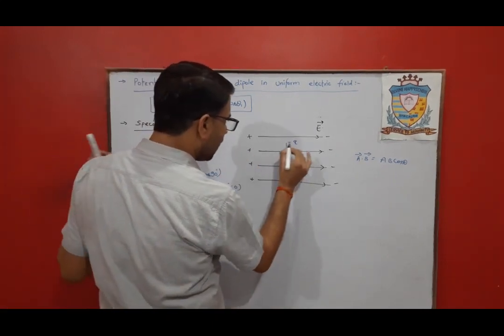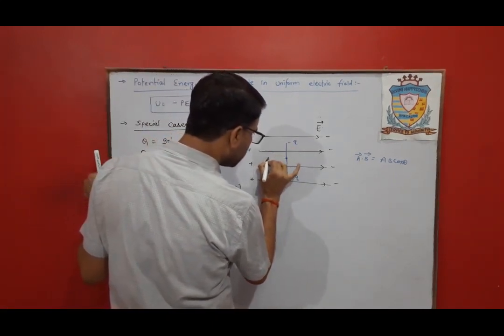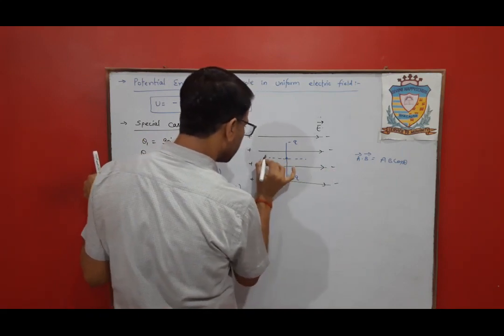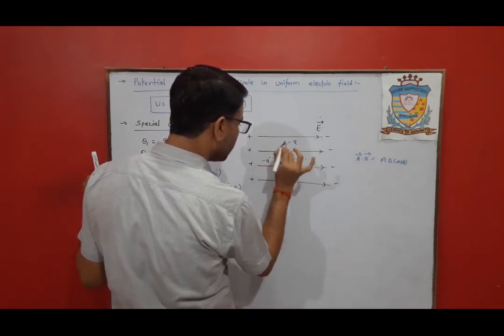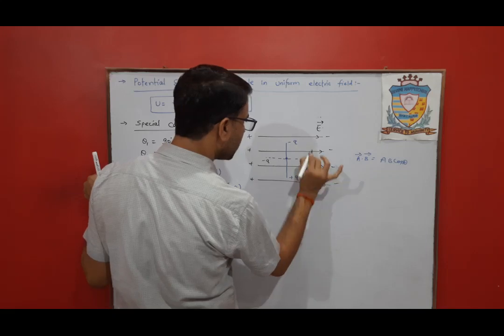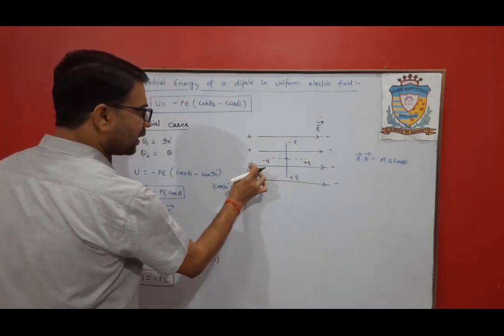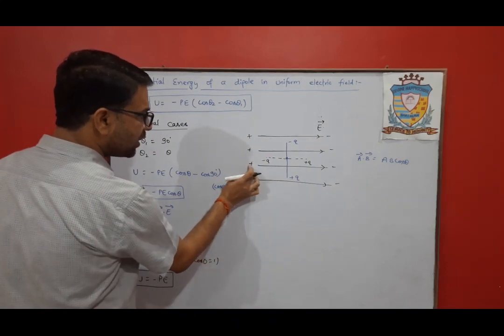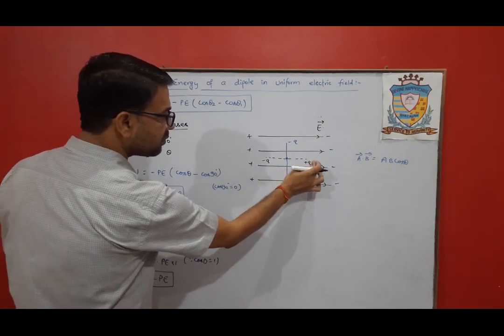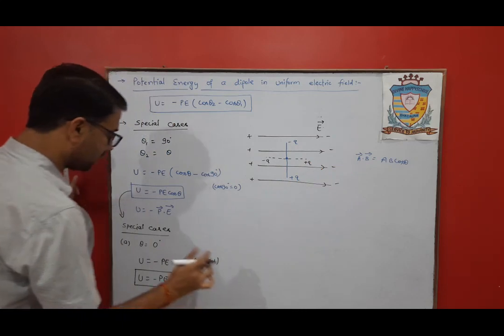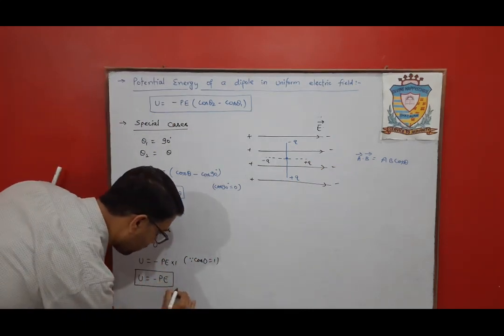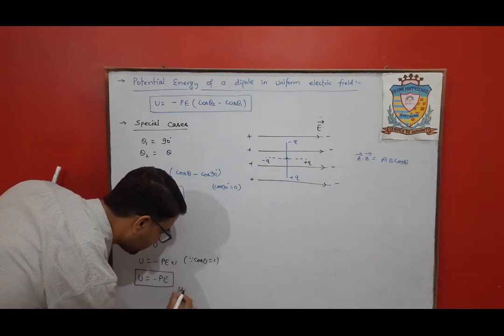That means for the final position, here we have minus Q charge and here we have plus Q charge. In that condition, this negative charge is always attracted by this positive charge and this positive charge is always attracted by this negative charge. So this can also be known as the stable equilibrium case.